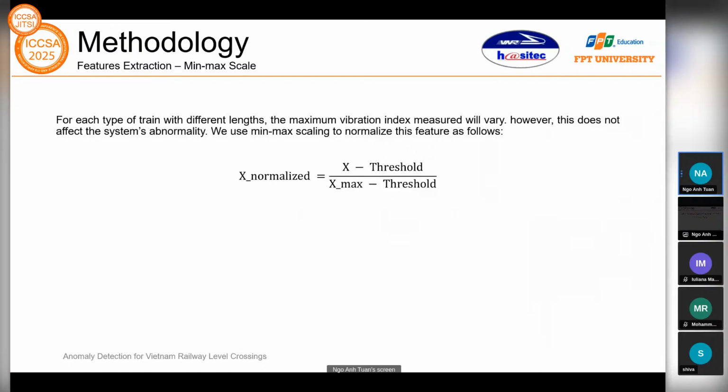The maximum vibration index measure will vary. However, this does not affect the system's abnormality. We use min-max scaling to normalize this feature as follows. Use threshold, x normalize.